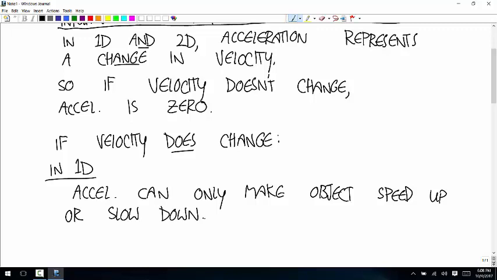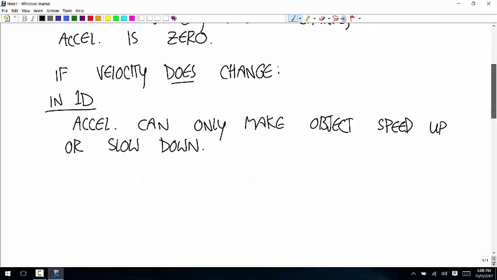There's a new way that velocity can change in 2D, though, that doesn't exist in 1D.